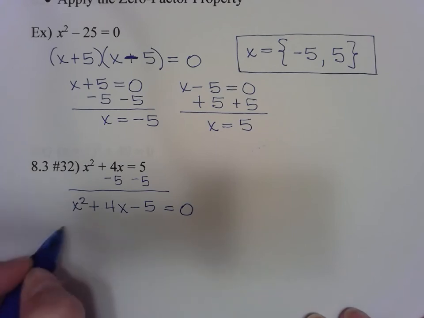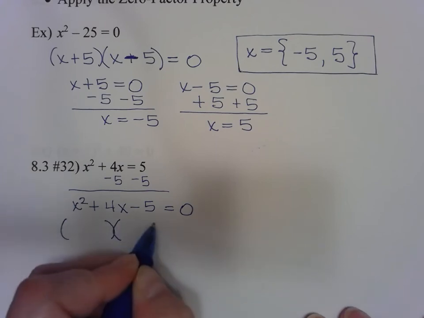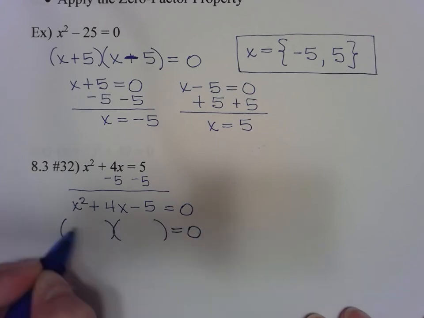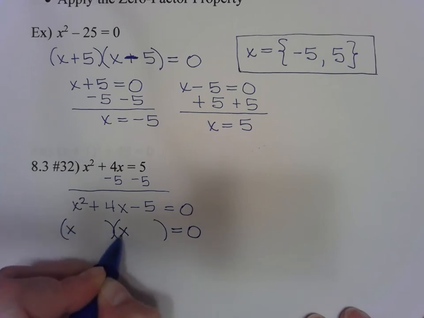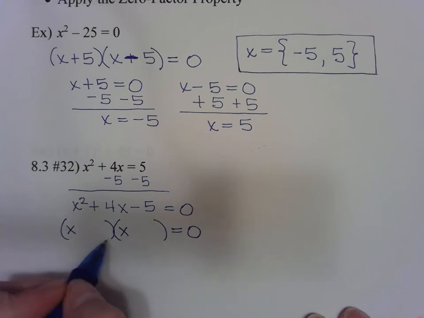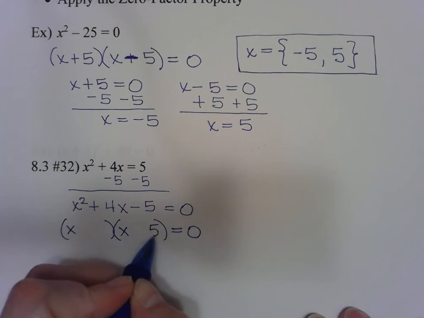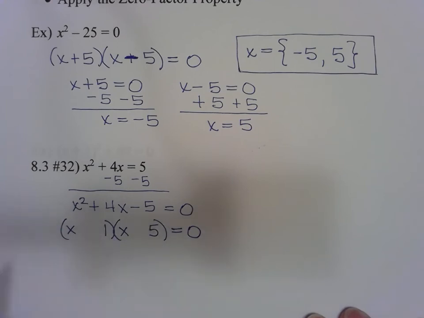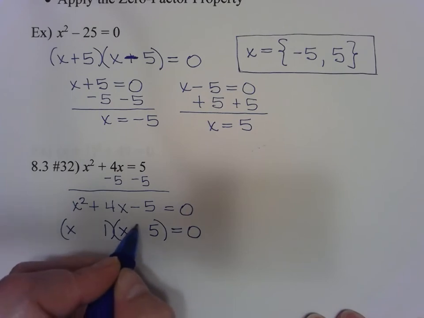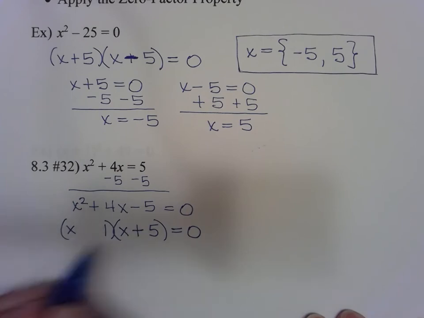Now I'm ready to factor. Two numbers that multiply to be 5 and 1, and add to be +4. If I make the 5 positive and the 1 negative, that'll work.